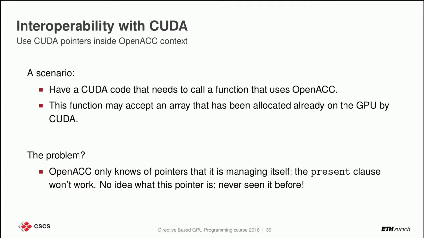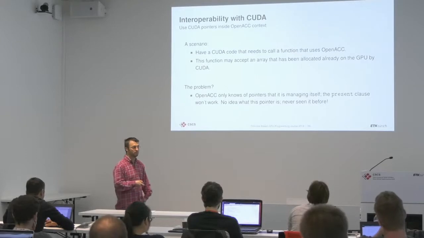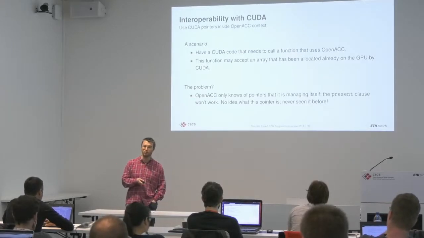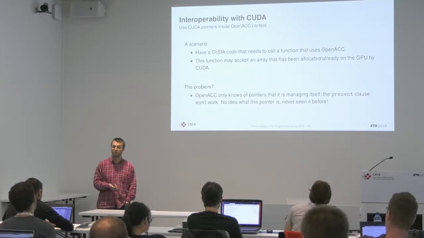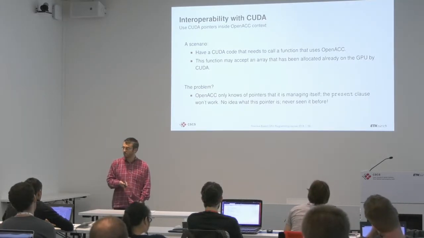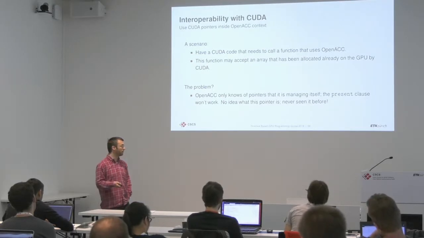The problem is that OpenACC, with what we have presented until now, doesn't know about this array or this pointer, because OpenACC does bookkeeping of the data structures and pointers it allocates, so that it knows what is on the device and what is on the host, and there is a mapping. So suddenly you give it a pointer, and if you just try to say that this pointer is present, you will get a runtime error that it cannot find this pointer in its present table, because it didn't allocate it and doesn't know about it.